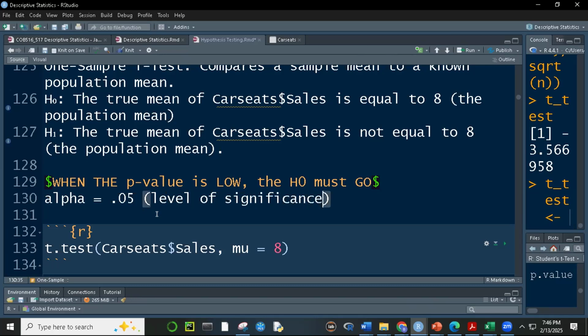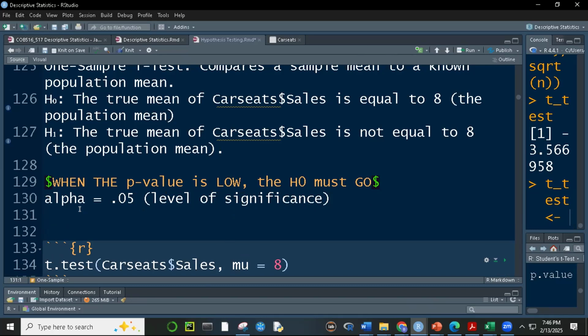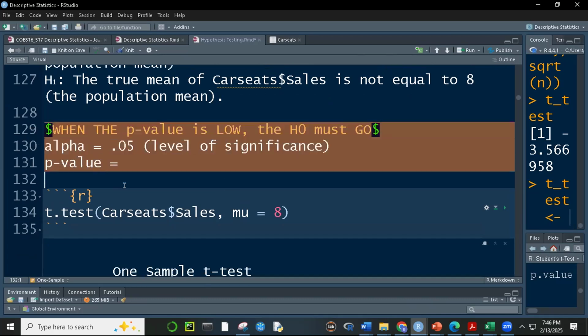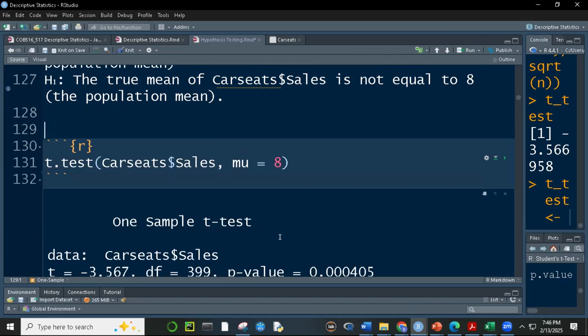Let's write our p-value here. P-value is equal to, okay, I think I should write this here. Control X, because the result is below here.